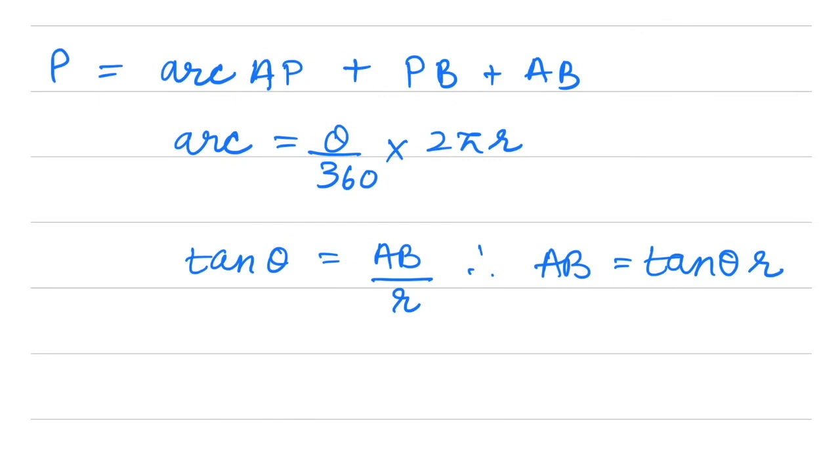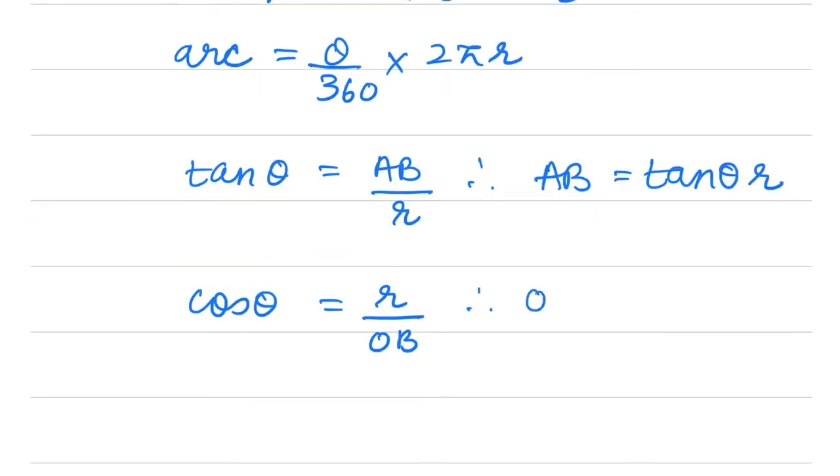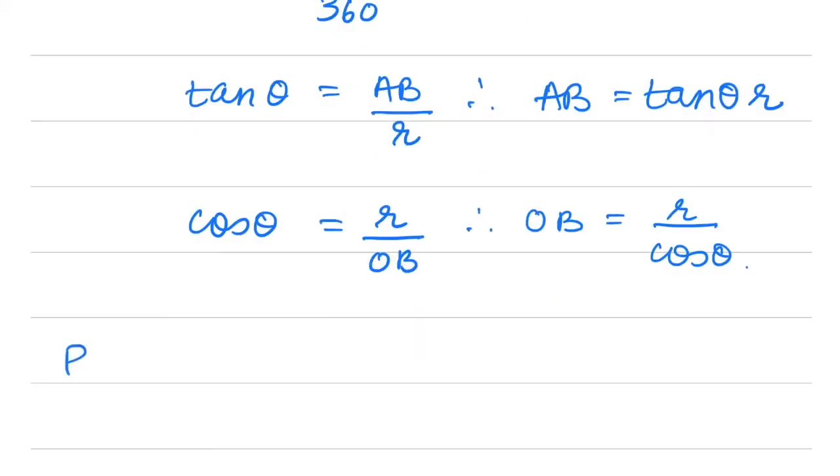And then we have cos theta is equal to r by OB, therefore OB is equal to r by cos theta.